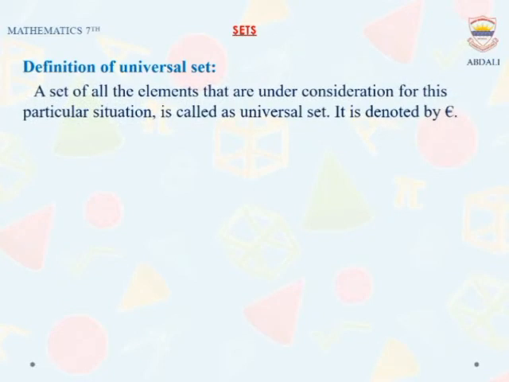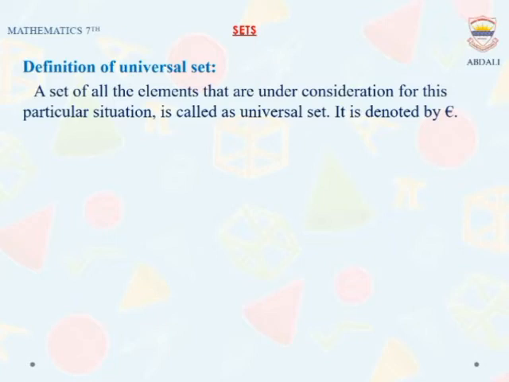A set of all the elements that are under consideration for a particular situation is called the universal set. It is denoted by epsilon. Here is the symbol which we will always read as universal set.